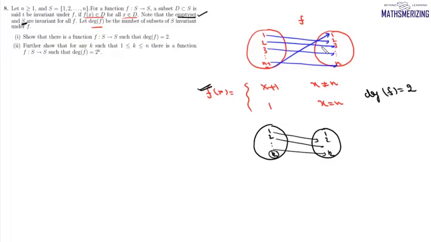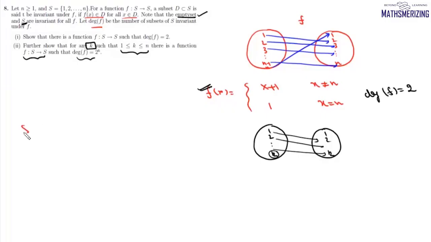Now the second part is, further show that for any k such that k lies between 1 and n, there is a function f from S to S such that degree of f is equal to 2 to the power k. Now one way of defining such a function is using permutations.